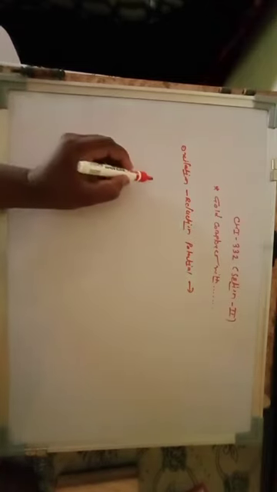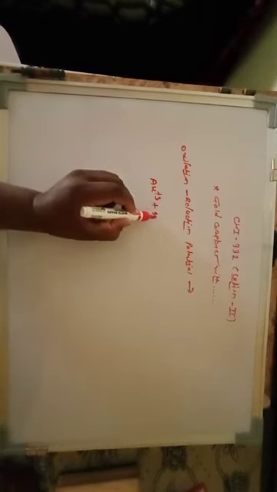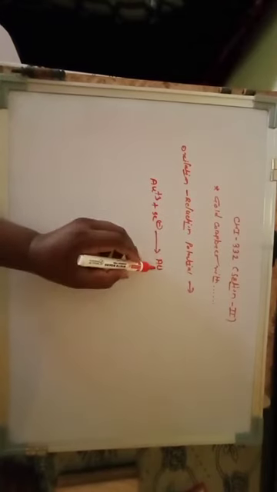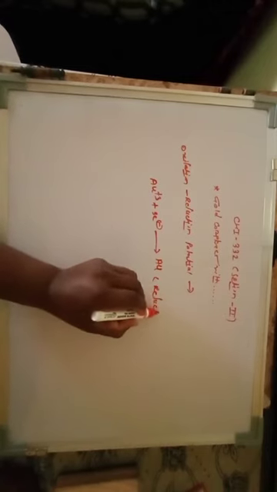If you consider gold in +3 oxidation state, it will take 3 electrons and convert into Au. This is a reduction reaction, meaning gain of electrons. Gold in +3 oxidation state takes electrons, so it is an oxidizing agent.